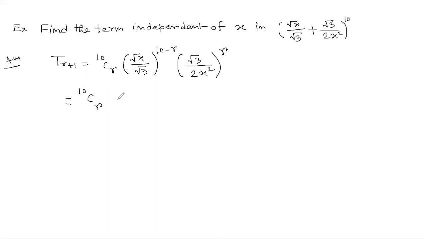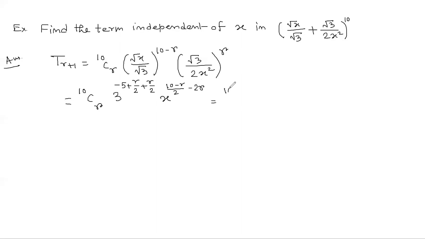10Cr, then root 3 power minus of 10 plus r, so 3 power minus of 5 plus r by 2. And from here we are getting plus r by 2. Regarding the powers of x, x power 10 minus r by 2, minus, from here we are getting minus 2r.